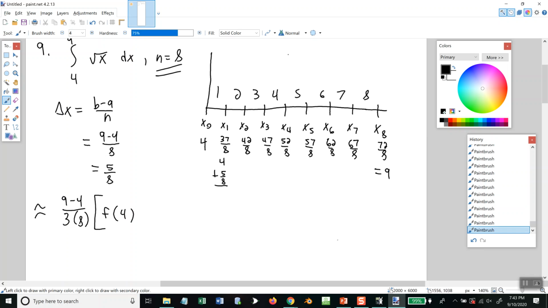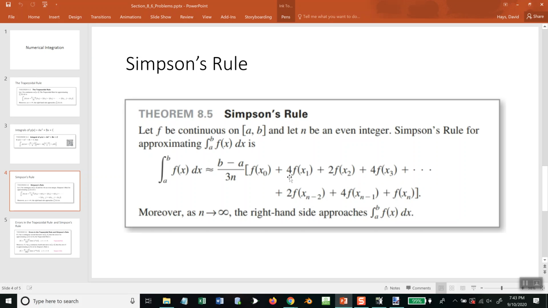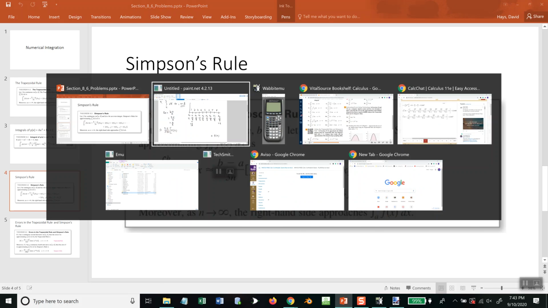Now it's got to end with f of x8, which is 9. So remember, your first one and your last one are just your x naught and your xn, in this case x8. All the rest alternates, starting with 4, then 2, then 4, then 2, then 4.